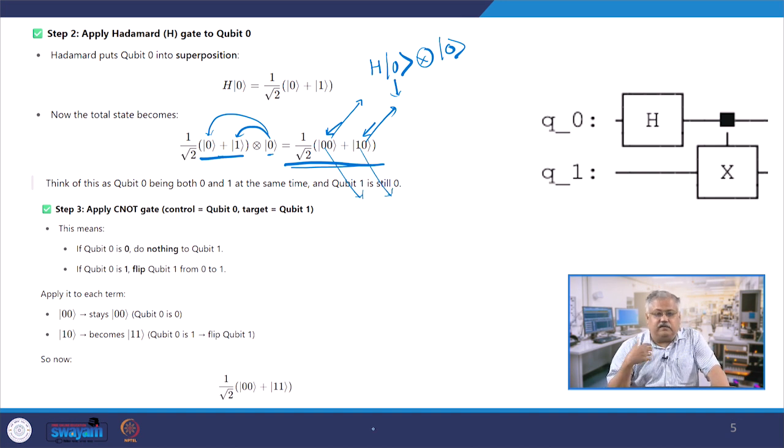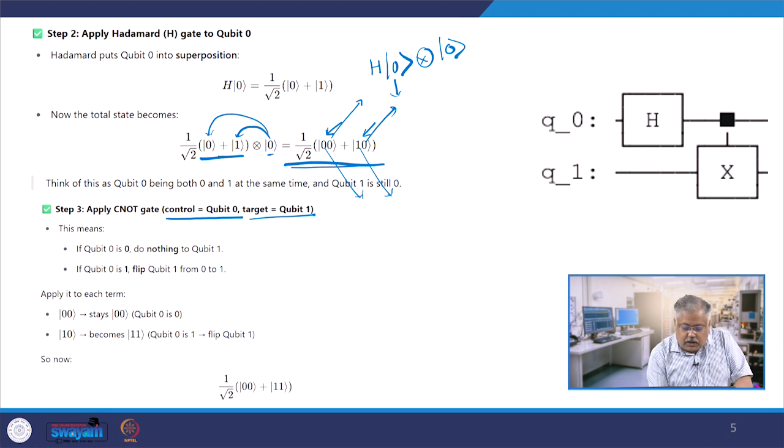Now, if you apply the CNOT gate, which is almost like a conventional NOT circuit, an inverter, the control is qubit 0 and the target is qubit 1. If the qubit 0 state is 0, then you do nothing to qubit 1.